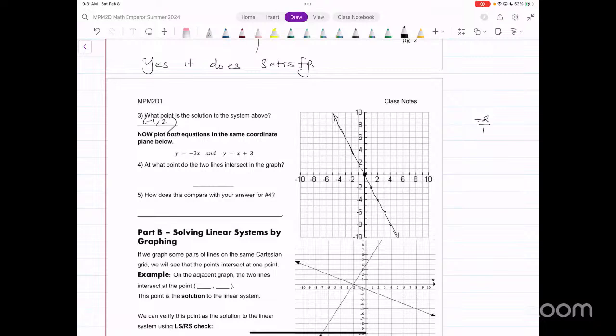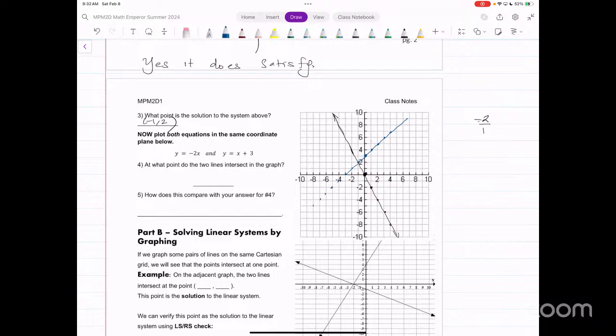So first I get y equals x plus 3, mark the 3, and 1 unit up, 1 unit right, repeating. If I do my math, you can see what is happening.